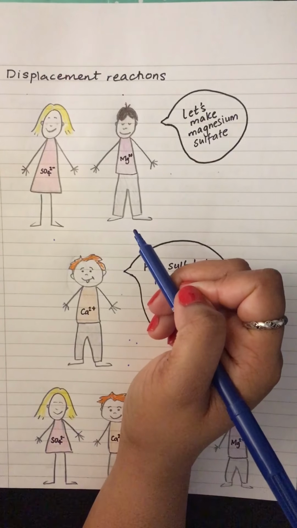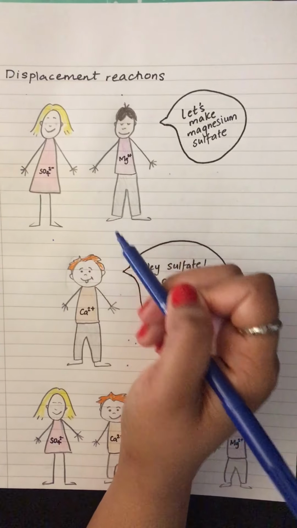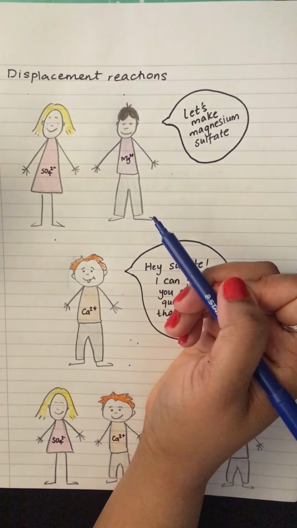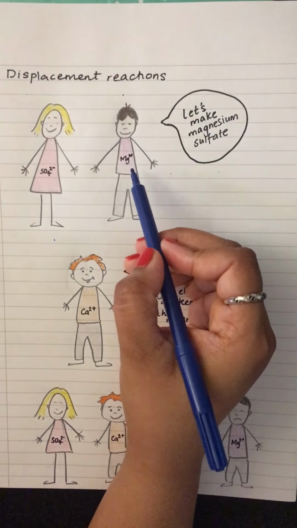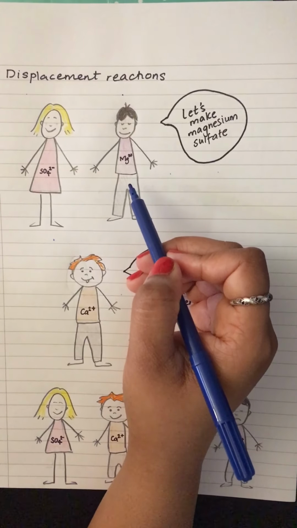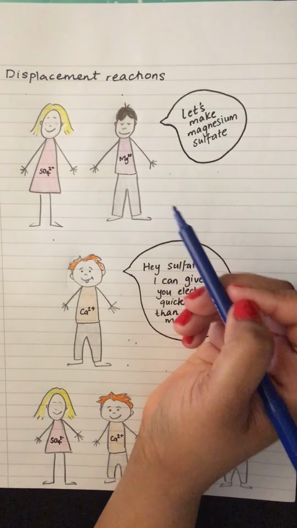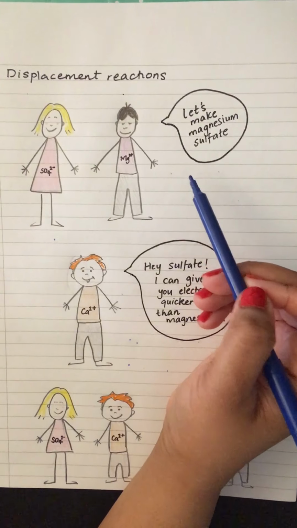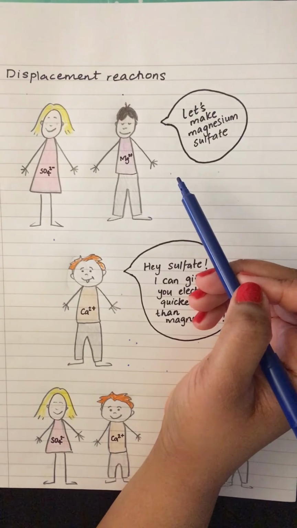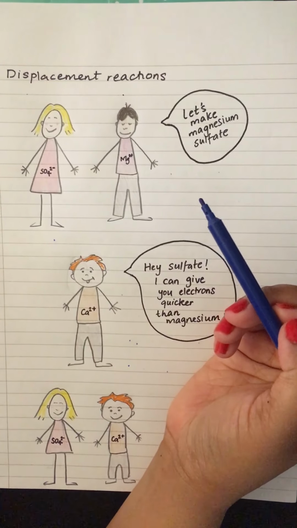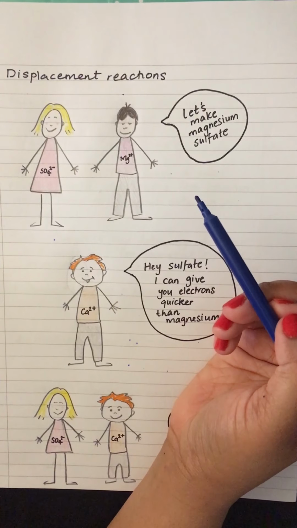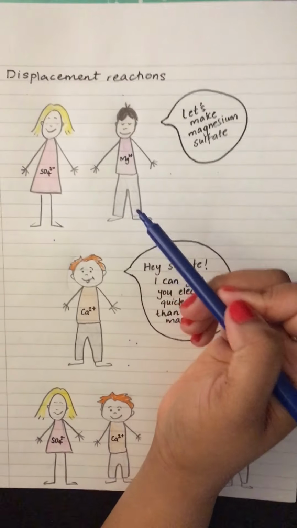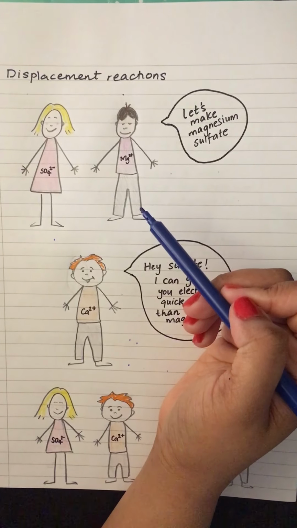Now, when sulfate bonds with another metal, in this case, we can see that magnesium is wanting to bond with sulfate, you would form what we call magnesium sulfate. Now, let's say that these 2 ions have formed a bond, they've made this compound magnesium sulfate.